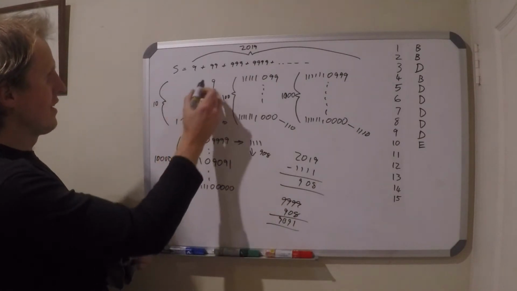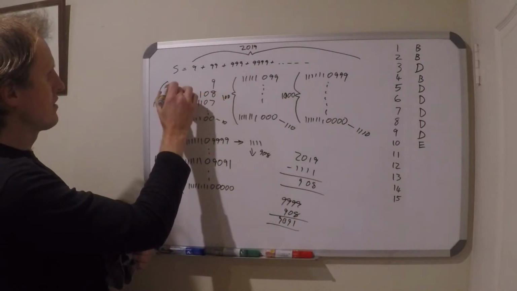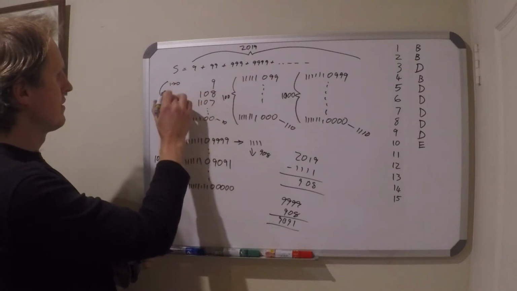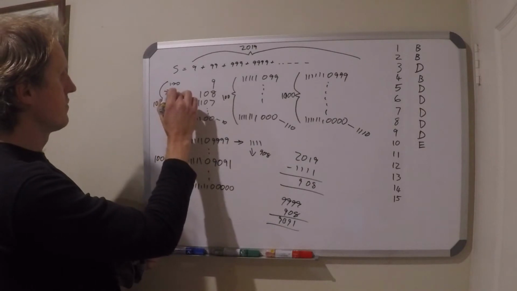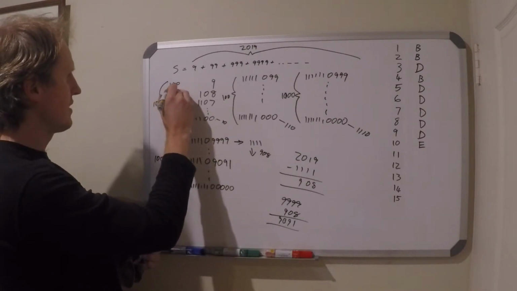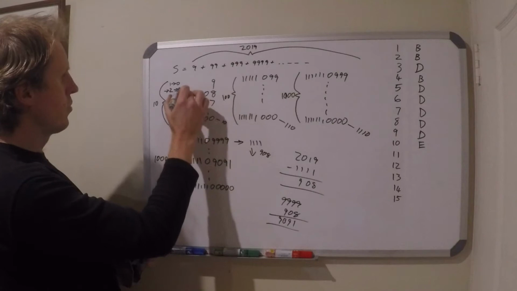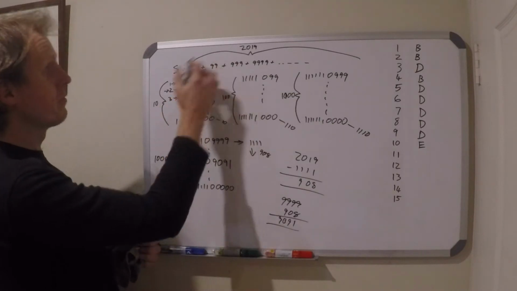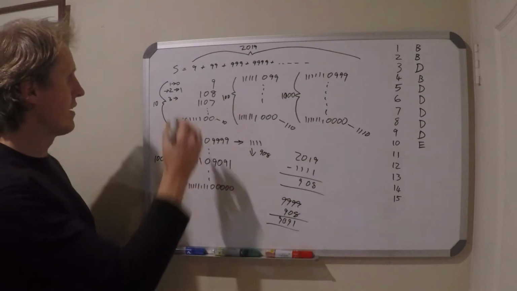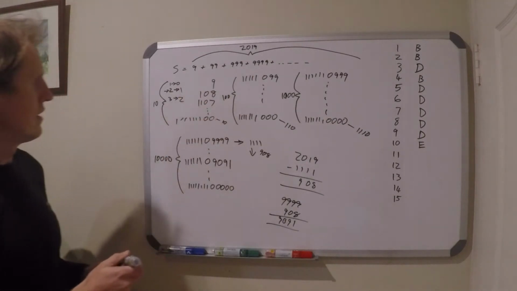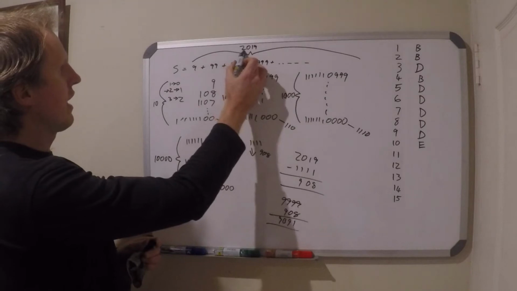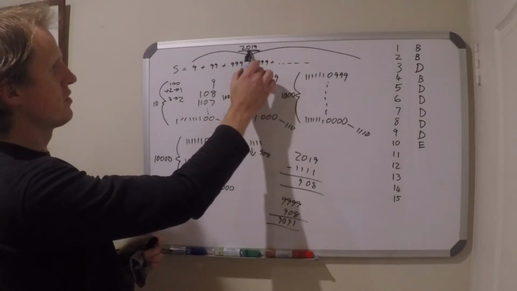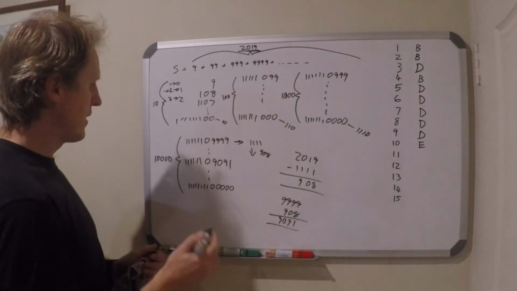So in other words, the first element has got 0 ones. The second element has got 1 one. The third element, or the third partial sum, let's call it that, has got 2 ones. So we want to know the sum for the 2019th element.